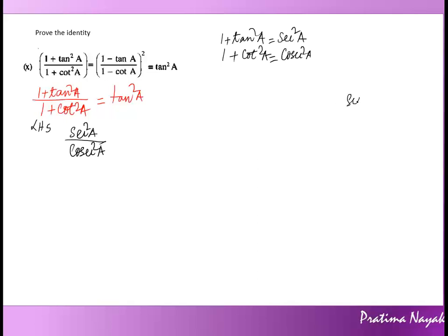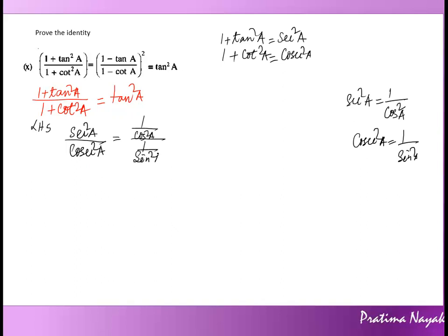Sec square A is 1 by cos square A. Why? Sec A is 1 by cos A, so square both sides. And cosec square A is equal to 1 by sine square A. So this will be 1 by cos square A upon 1 by sine square A.